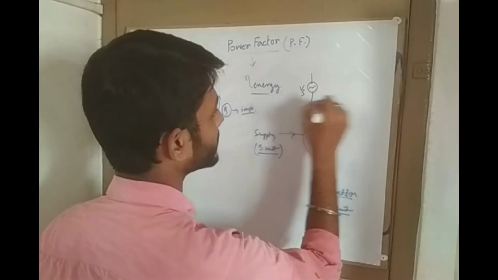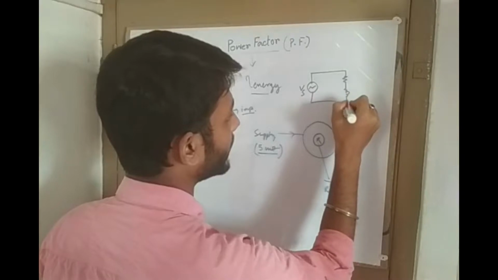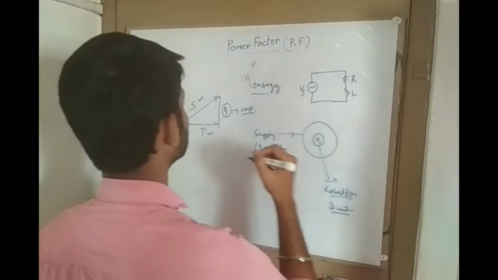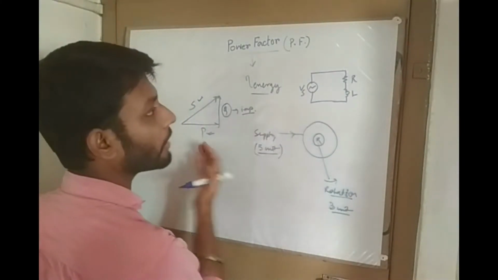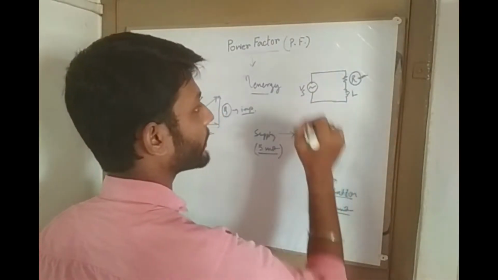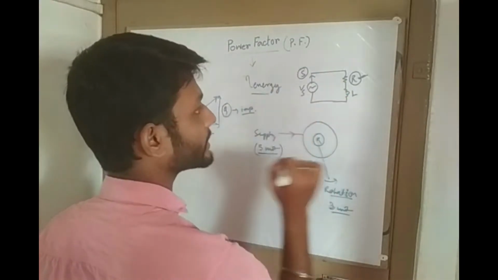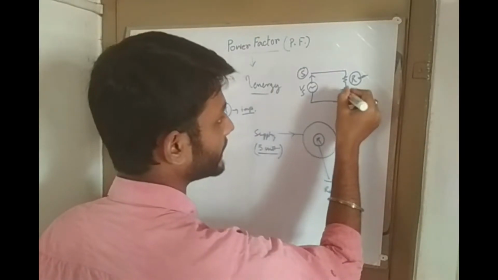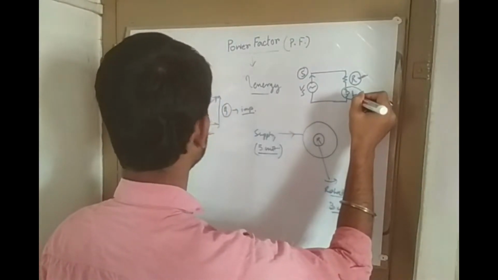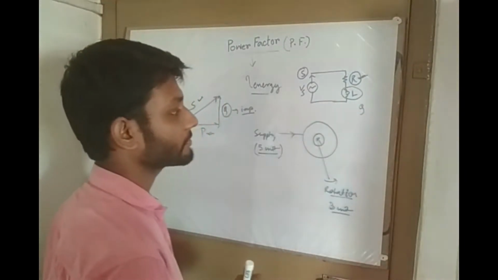Here it is Vs, supply voltage, and the load is inductive in nature, that is RL load. This P, working power, is being consumed by this resistor. But whatever we are giving supply, that is in terms of S, but whatever amount of power is being consumed in this inductor, that is Q, the reactive part.